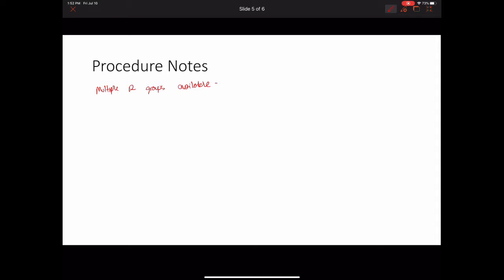Okay, so what that means is that you're going to have different NMRs than maybe your partner or other classmates. So you're going to see maybe a couple different NMR peaks. Shifts might be a little different. But there will be some key peaks that are either the same or similar.